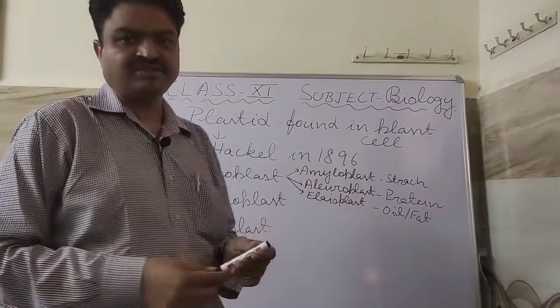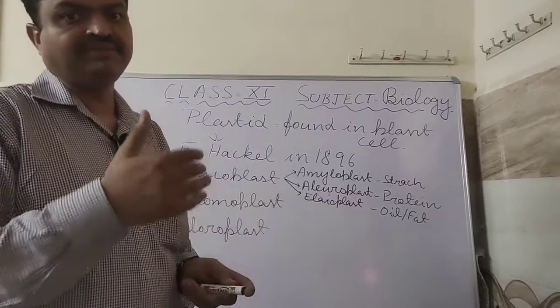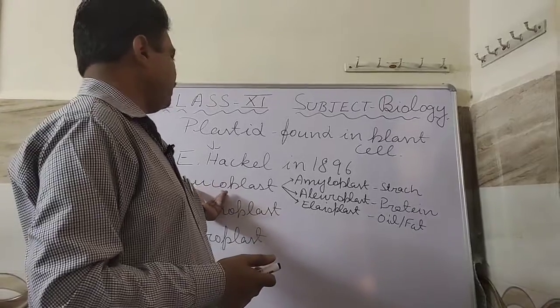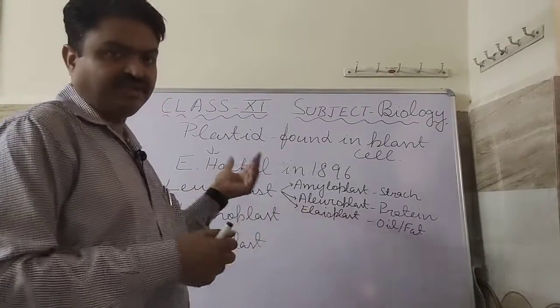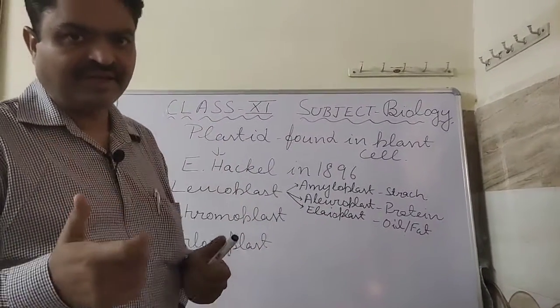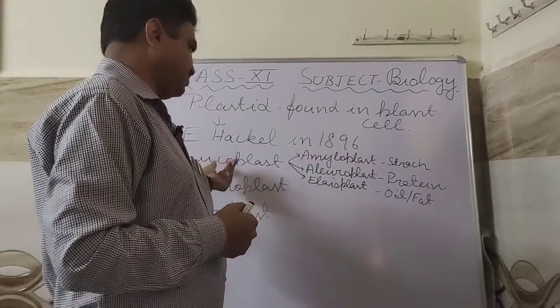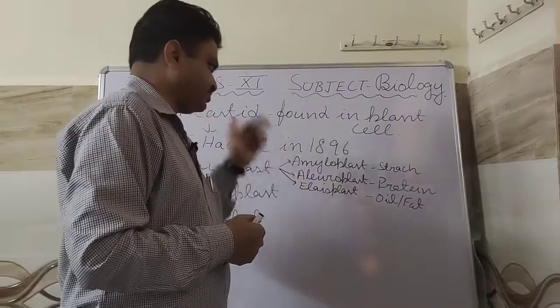Amyloplast stores starch. The starch is stored in grains, especially rice, and they store it in amyloplast, student.